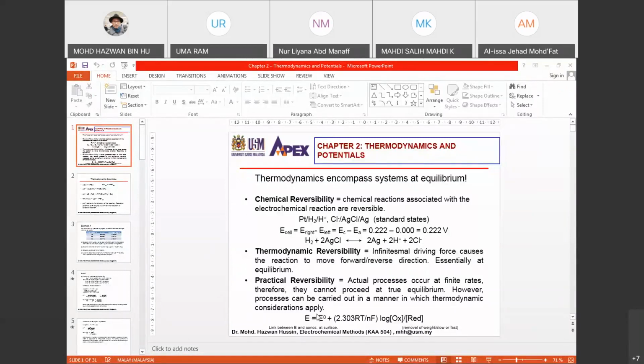Right. I think yesterday we have been introduced with the first part of this chapter 2, thermodynamics and potential.